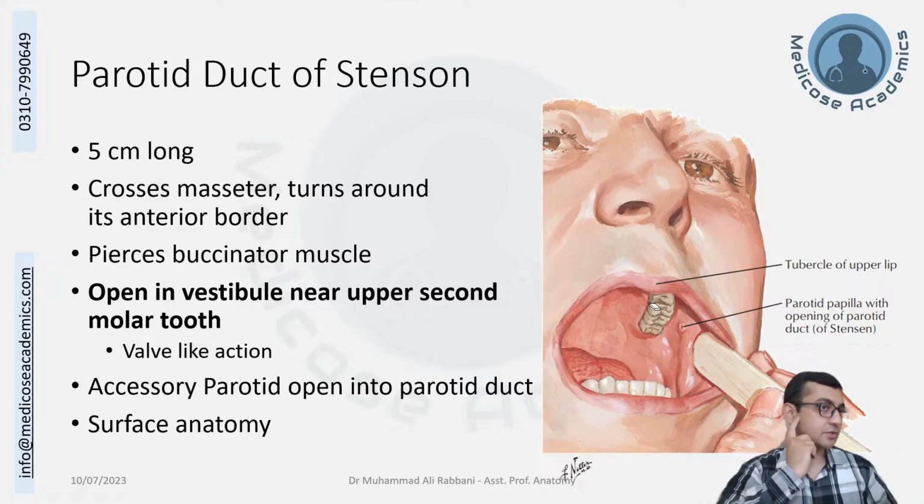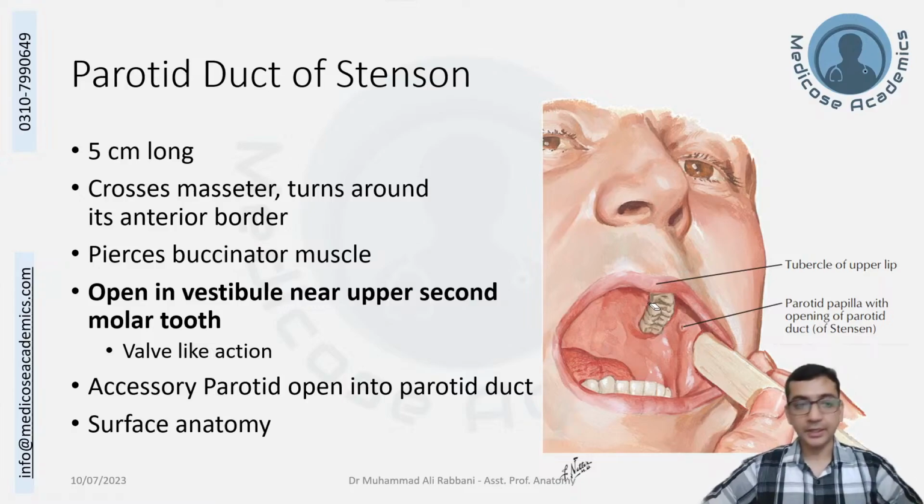If you make a line between these two points like this, the parotid duct is present in the medial one third of this line. And if you clench your masseter muscle and place your finger, you may actually be able to palpate the parotid duct. This is the surface anatomy.